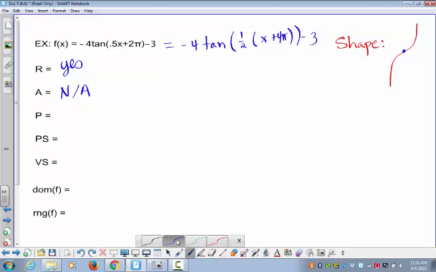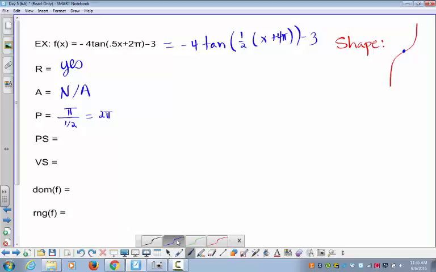Yeah, x plus 4 pi. So to get p, that's the period, we take, not 2 pi's. The basic period for tangent is pi. So our period for this transformation will be pi divided by 1/2, not 2 pi divided by 1/2.